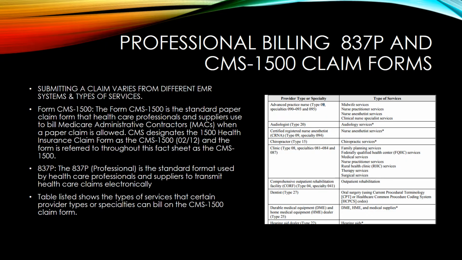The form CMS 1500 is the standard paper claim form that healthcare professionals and suppliers use to bill Medicare administrative contractors when a paper claim is allowed. CMS designates the 1500 health insurance claim form as the CMS 1500, and the form is referred to throughout this fact sheet as the CMS 1500.